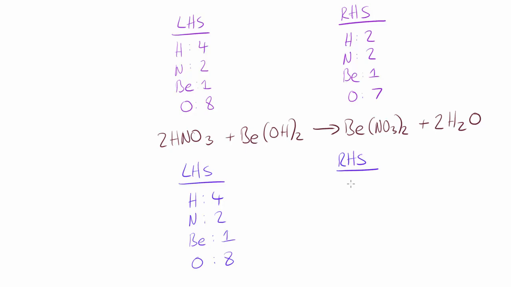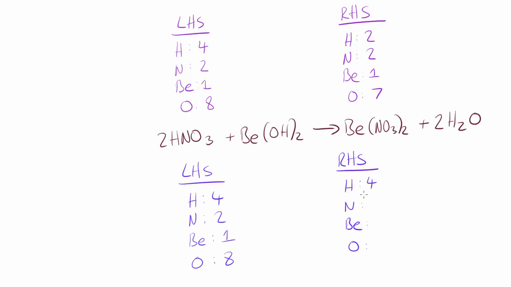So we've changed the H₂O aspect of the right hand side. So if I just put this together, we've put a 2 in front of our H₂O, which means that for the hydrogen, it's 2 times 2, which is going to be 4, right?